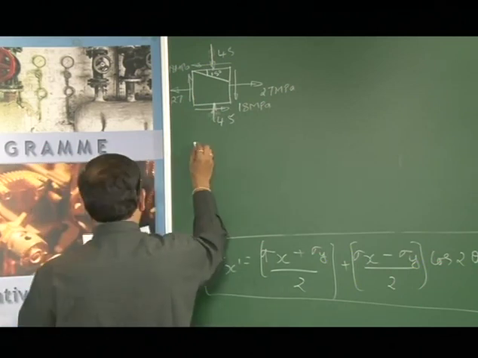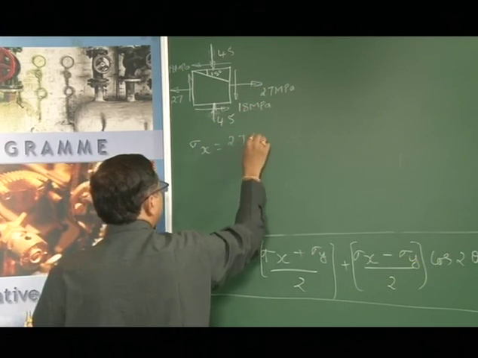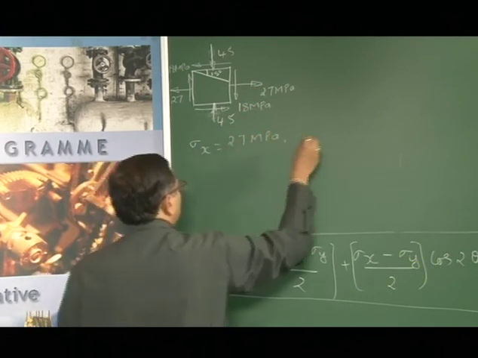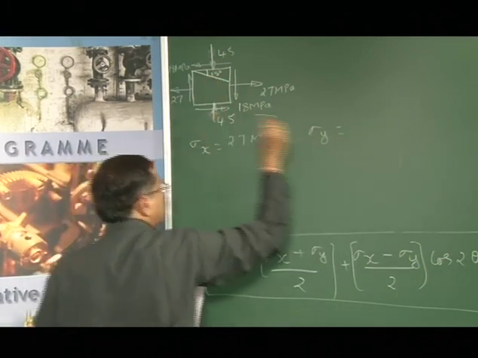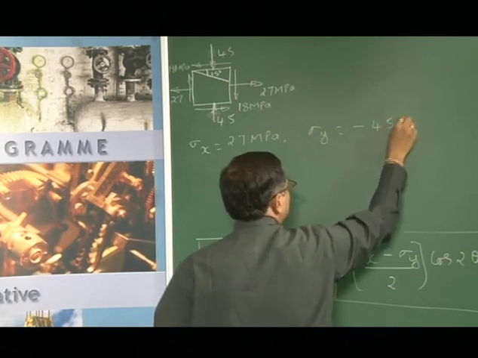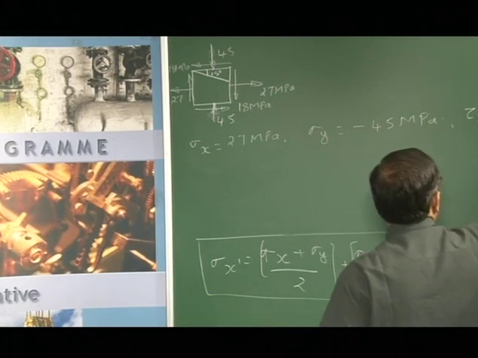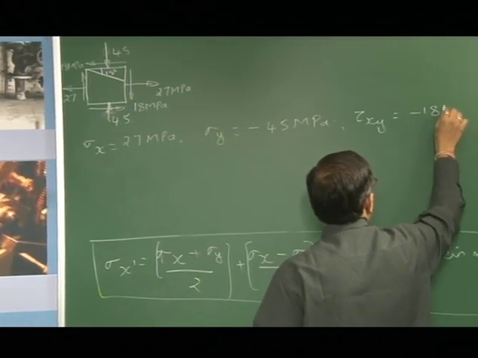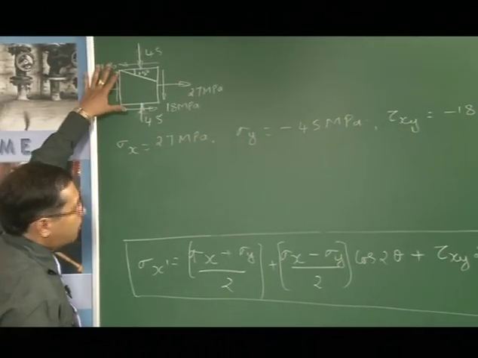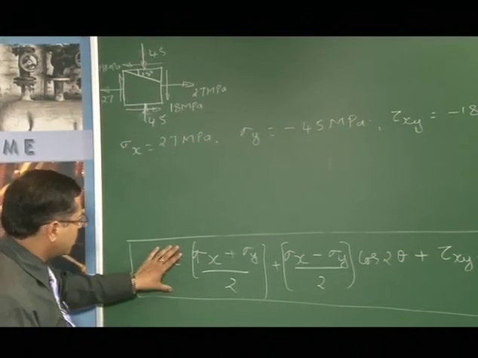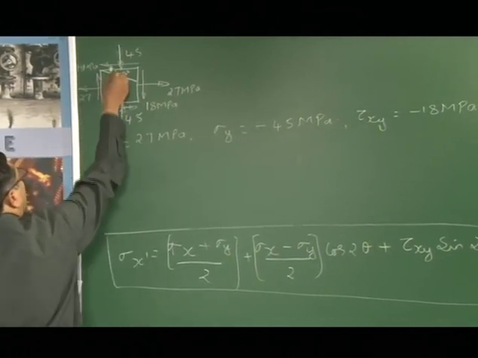Now, here the sigma x value, that is this one, is 27 megapascal. Then sigma y, this is tensile whereas this is compressive. So, I will take it as minus 45 megapascal, and then tau xy is minus 18 megapascal, because if you remember when we derived this expression, we had taken tau xy positive when it was opposite to this.